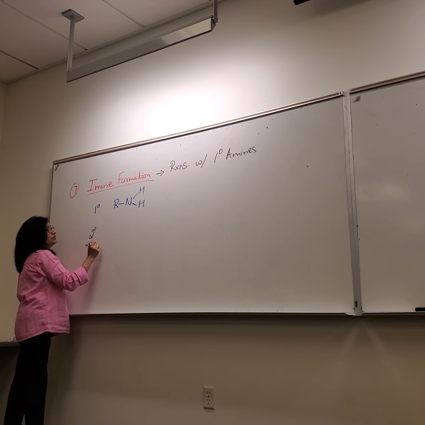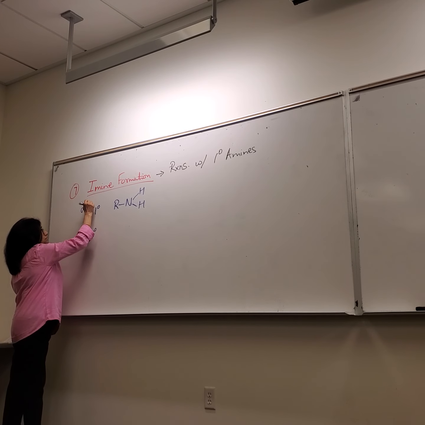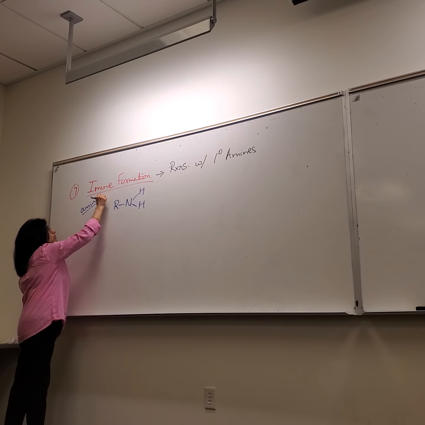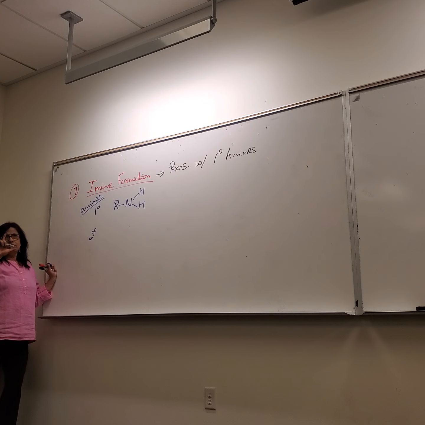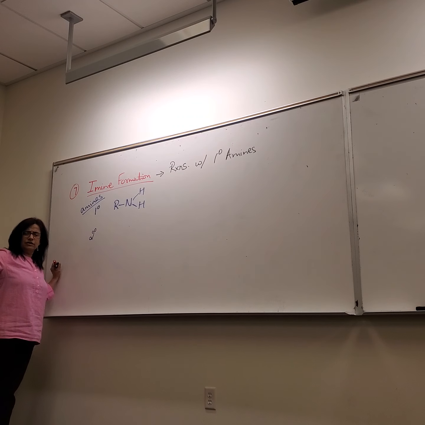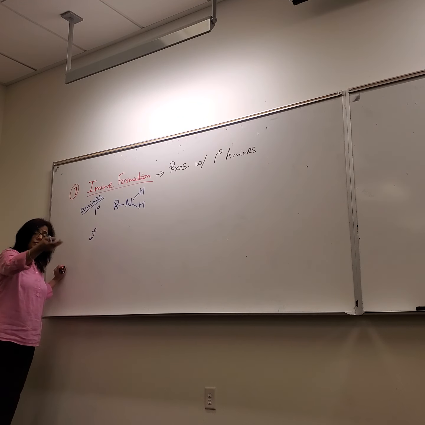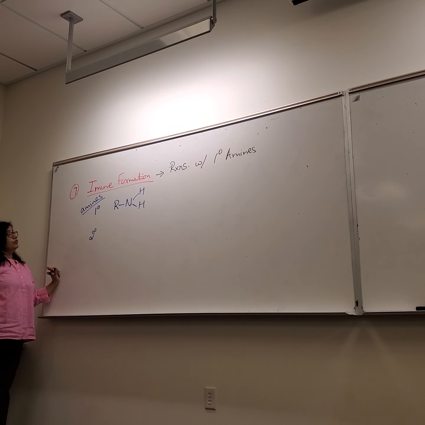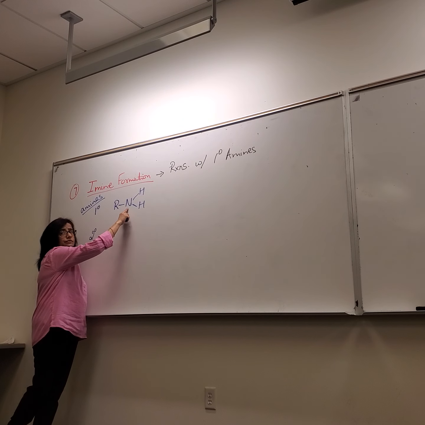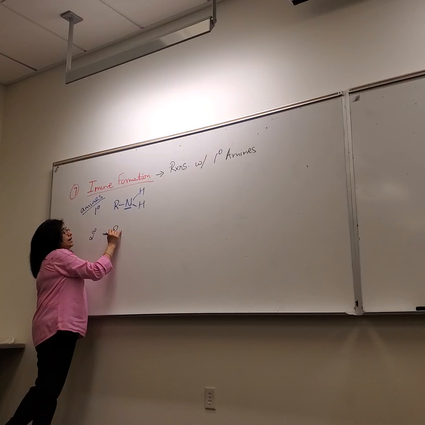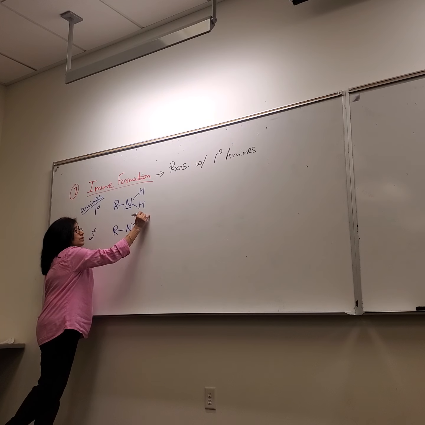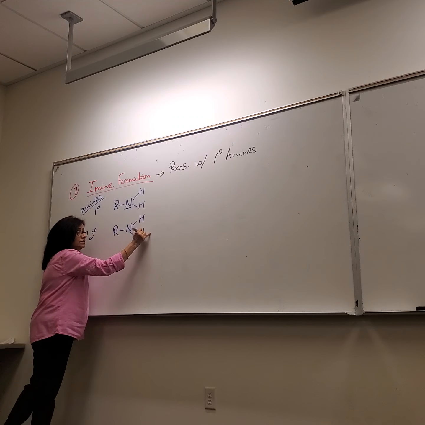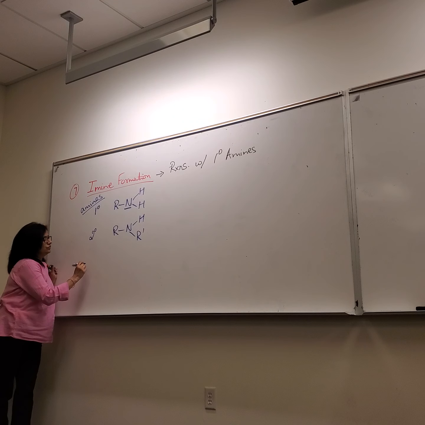Secondary amine, just to remind everybody, this is for amines. That's where amines are different from alcohols. How you decide whether an alcohol is primary, secondary or tertiary is based on the carbon the alcohol is attached to. But for amines, it's based on the nitrogen. A secondary amine is where the nitrogen is connected to two R's and one hydrogen.